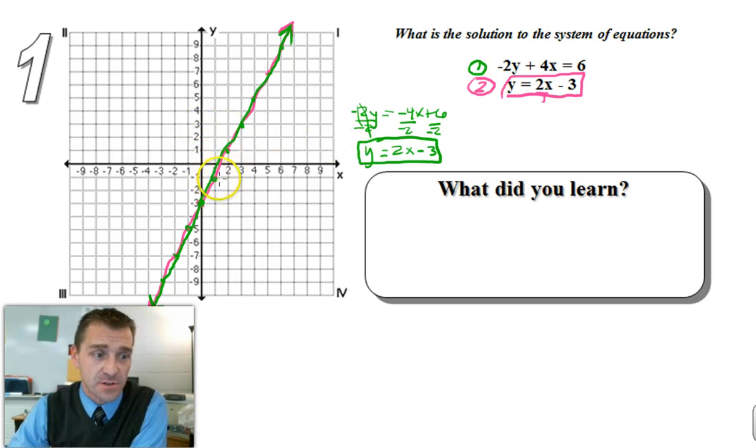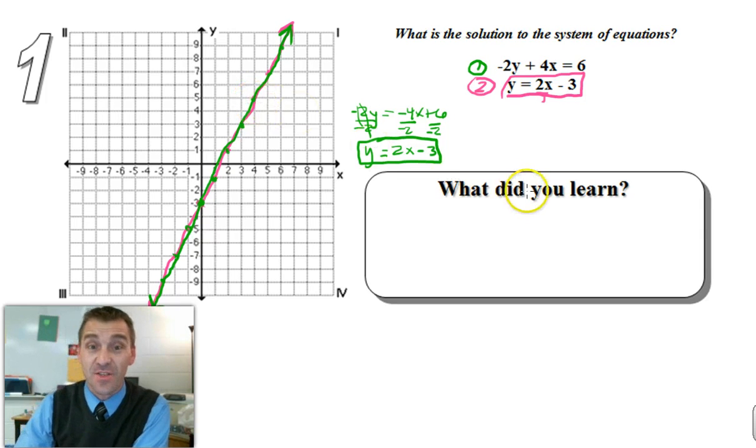Matter of fact, here's the crazy thing. They intersect at every single ordered pair that you see because they lie directly on top of each other. So what does that give us? What's the solution? Is it 2, 1? Is it 3, 3? Is it 4, 5? That's a really good question.